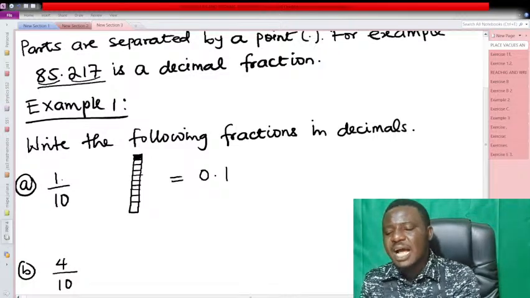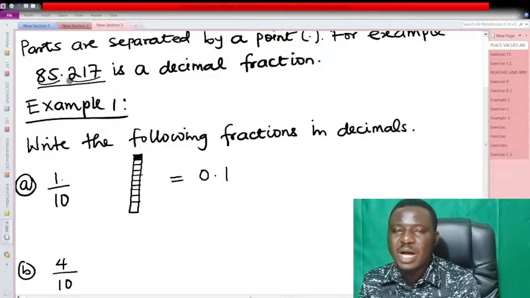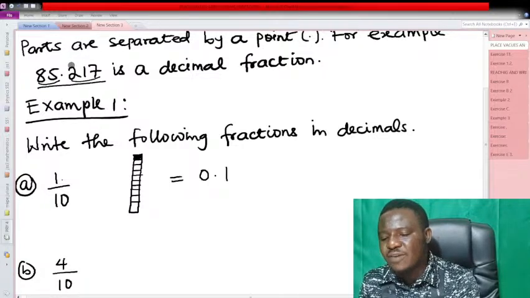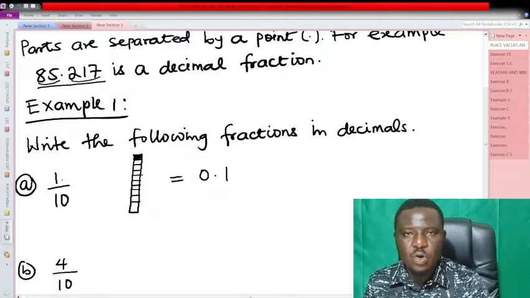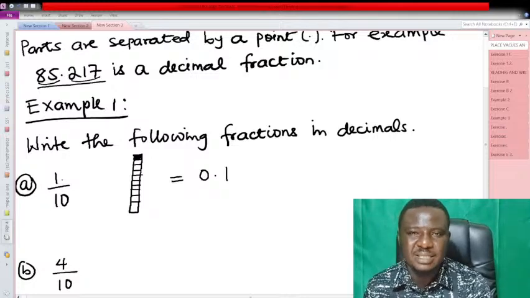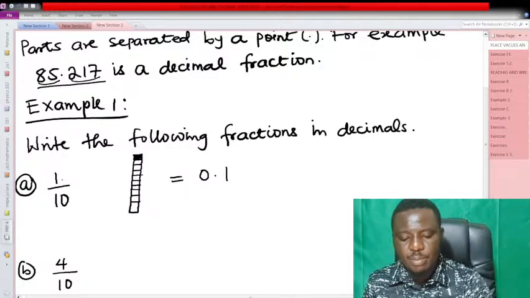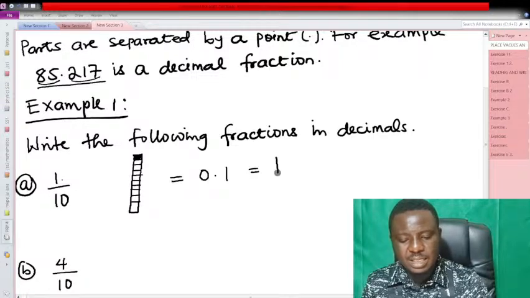Or, since I have made mention of the fractional part and the whole number part, the place value for the first figure in the fractional part is called the tenths place, which is spelled as tenths.